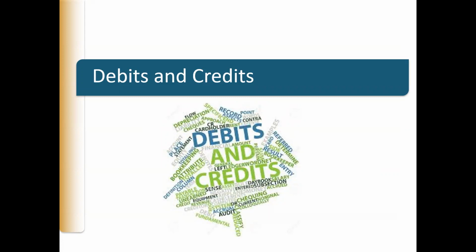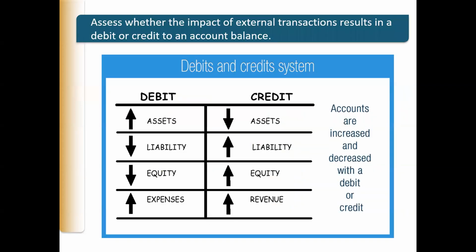Now we're going to come to terms, debits and credits. Now, guys, I'm going to tell you something. This can confuse a lot of people, but it really doesn't need to. Debit just means left. Credit just means right. So when you look at this slide, debit means it's on the left side.